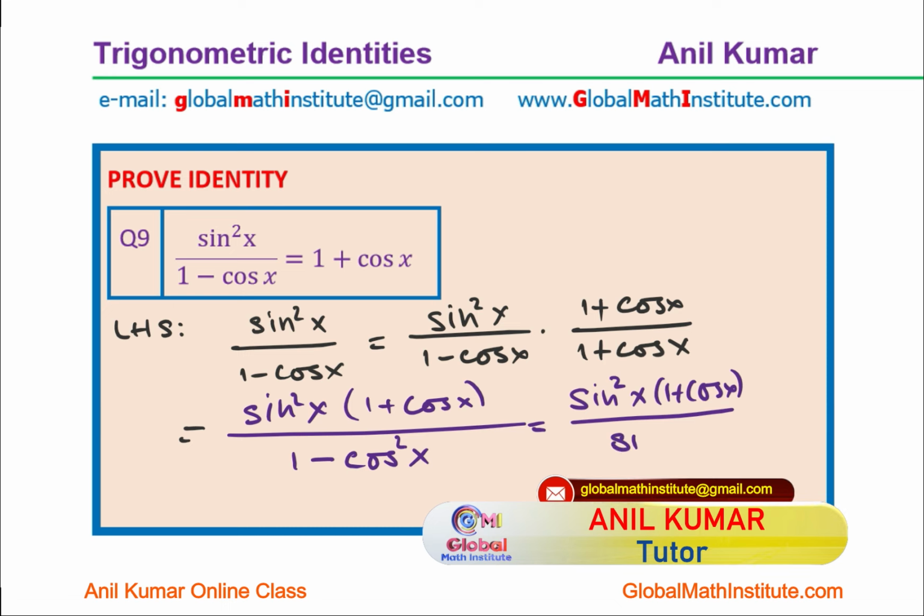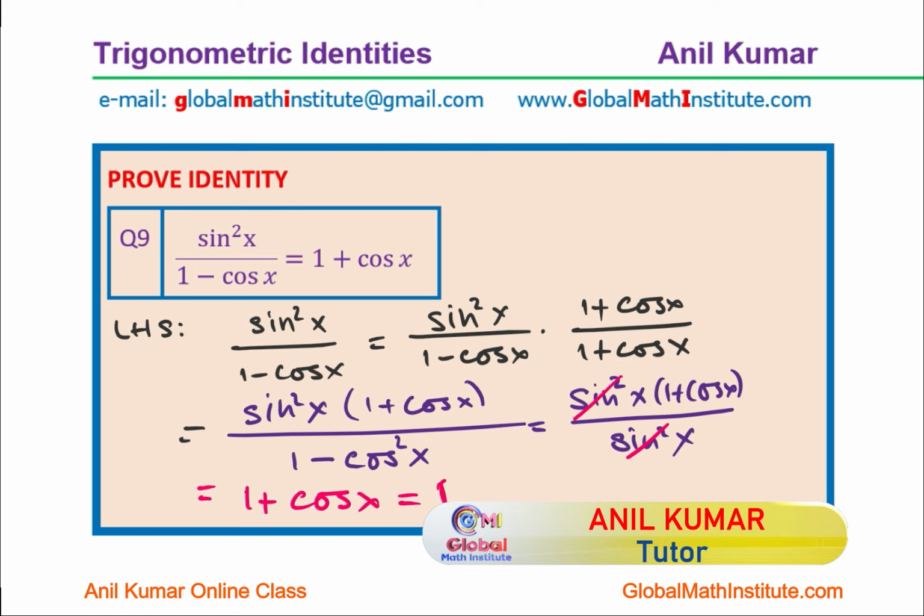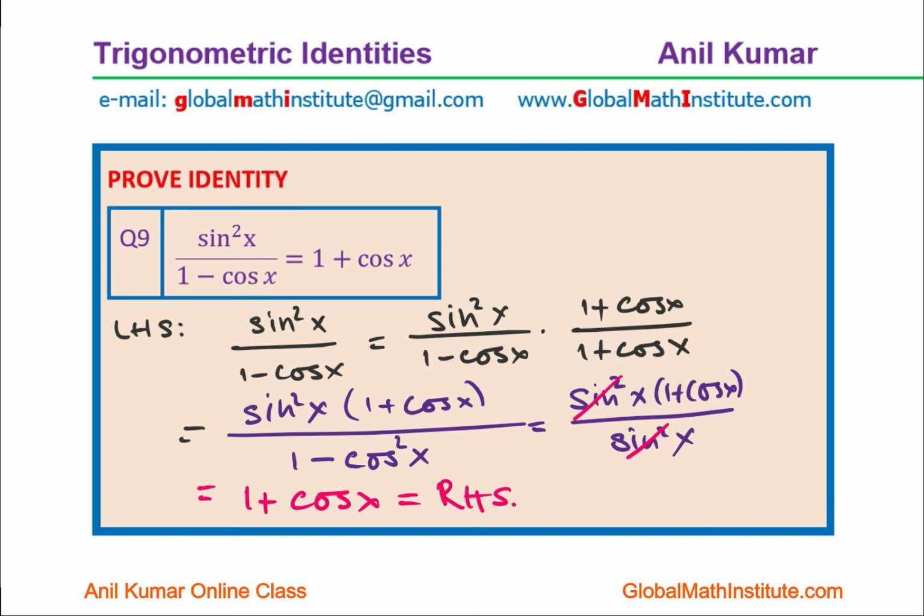It is sin²x, right? Perfect. So sin²x and sin²x cancel. You are left with 1 + cos x, which is the right hand side, and that is how we are going to prove this identity. Clear? A simple and very effective approach to solve such a question.